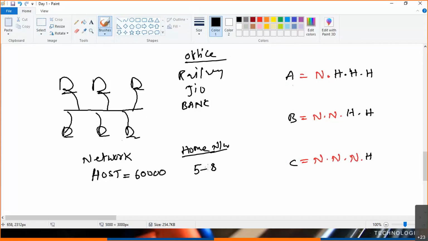So your hosts are very few. With a very small number of hosts required, which class IP address is recommended in your home network? A or B or C? Class C.